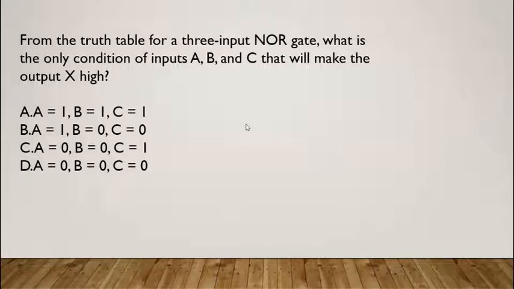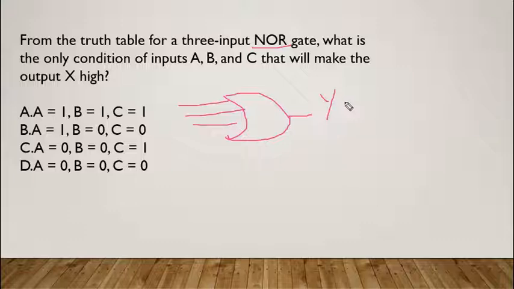From the truth table for a 3-input NOR gate, what is the only condition of inputs A, B, C that will make the output high? So, simple. For the NOR gate, it is a 3-input, so you draw a NOR gate. For the NOR gate, the expression is y equals A plus B plus C, all complemented.